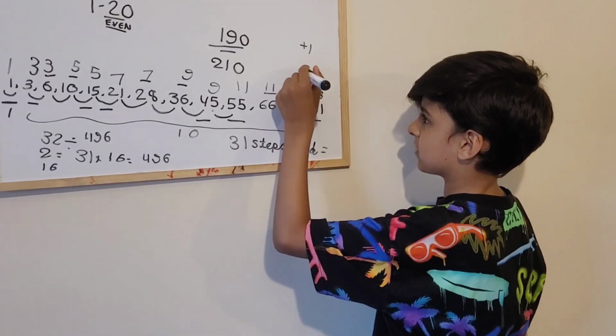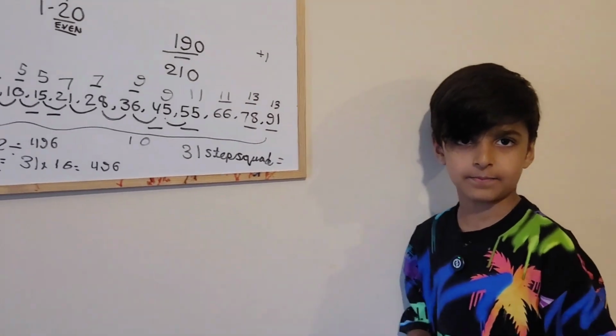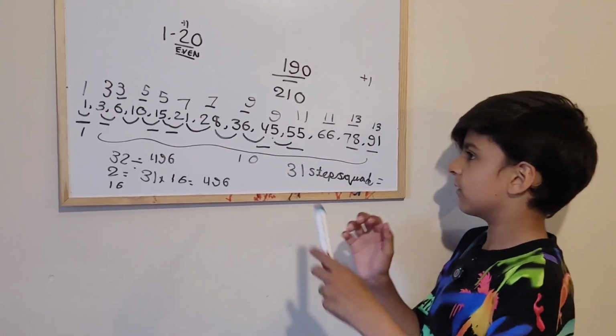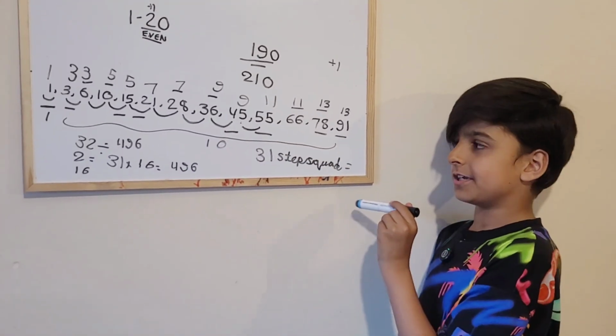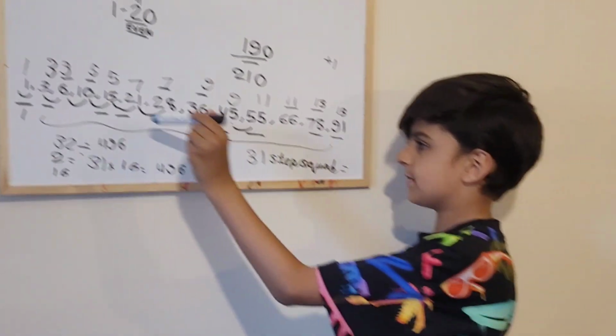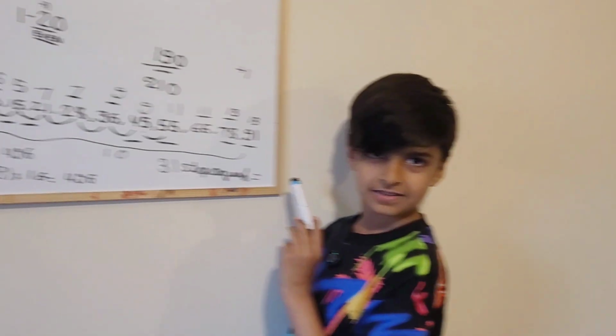And 12 step squad and 13 step squad, 13 times table. The pattern around these only goes by odd numbers. The even is always going to be a side length of an odd step squad.